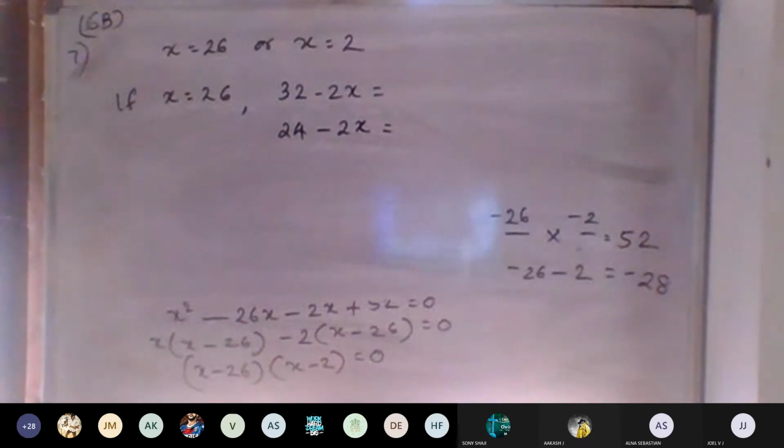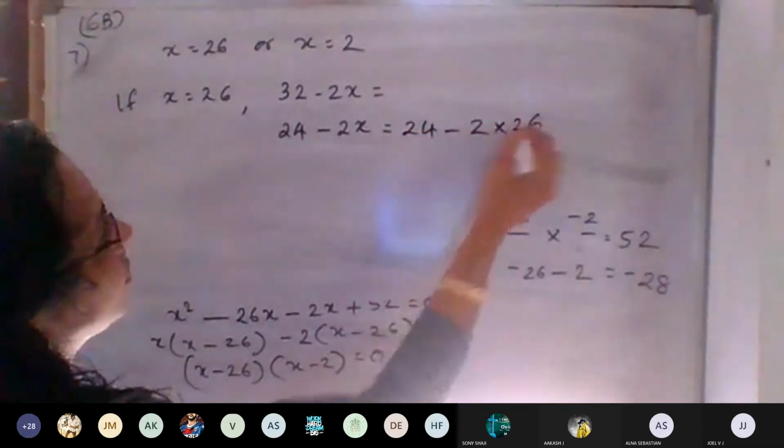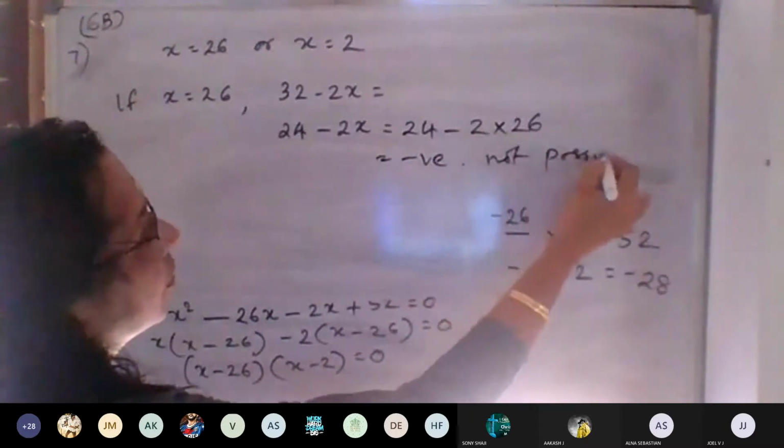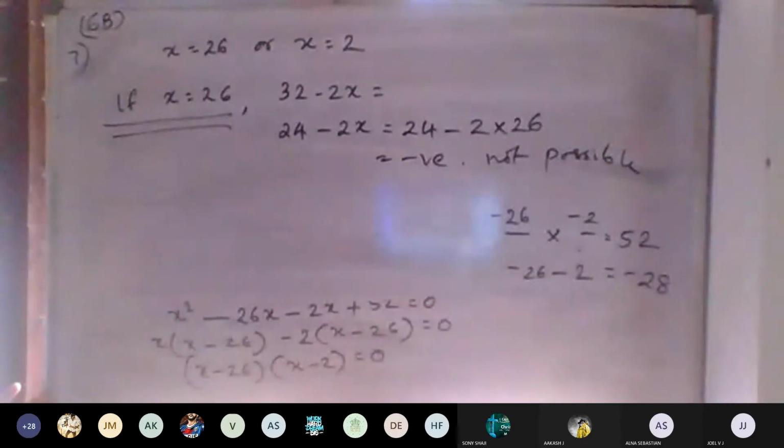It will be negative, no? 24 minus 2 into 26, so it will be negative. So it is not possible. Negative value is not possible, so don't take negative. x is equal to 26, so we have to take only which one? x is equal to 2.